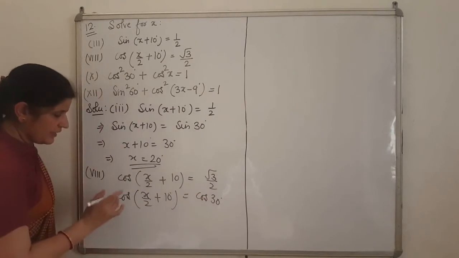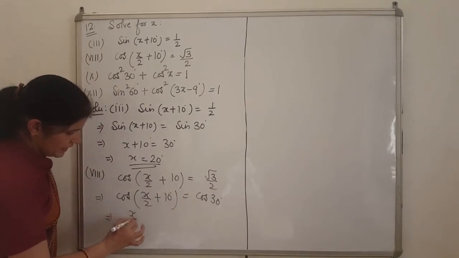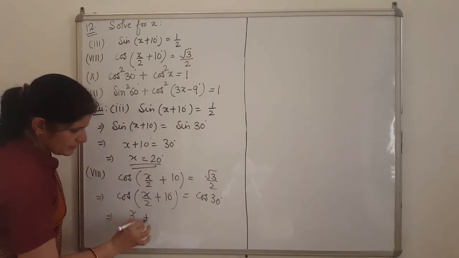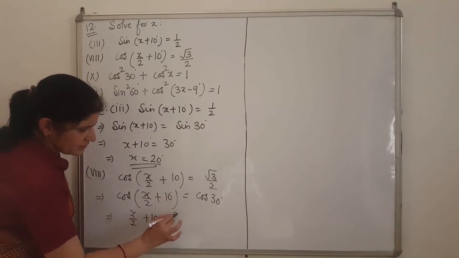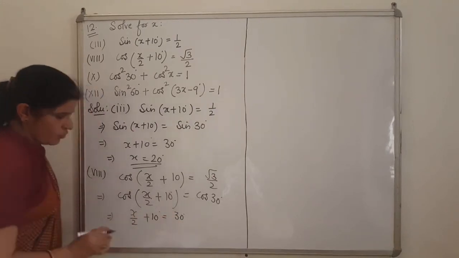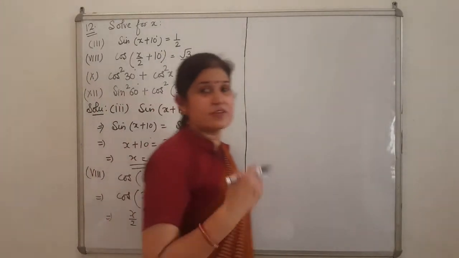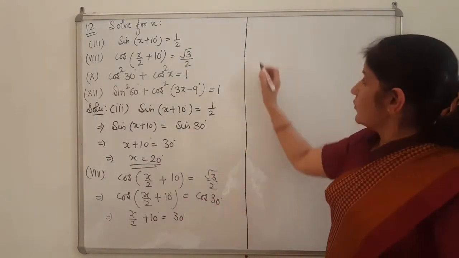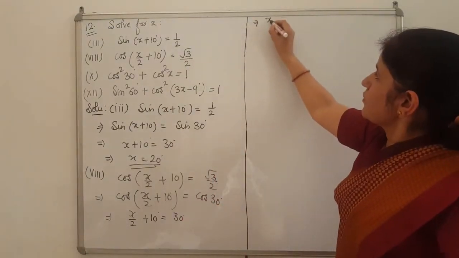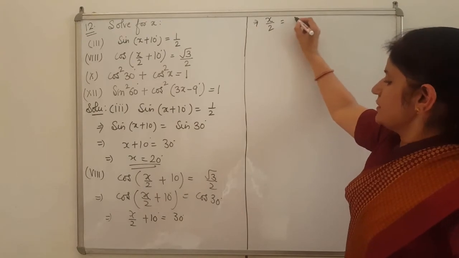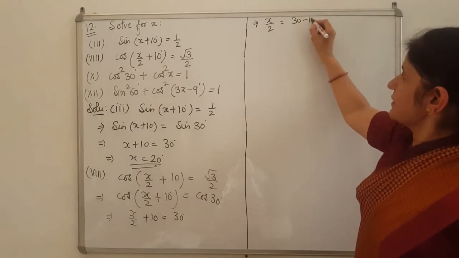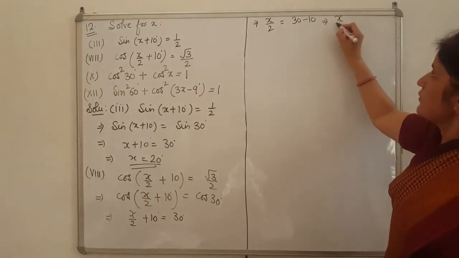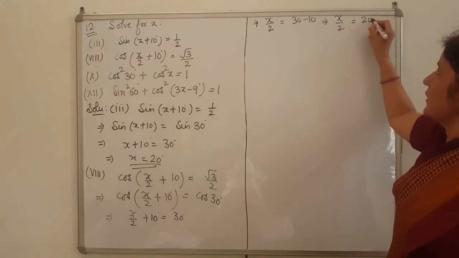When you compare it, x/2 + 10 equals 30 degree. So this 10 we will shift another side. What we will get? x/2 equals 30 minus 10, means x/2 equals 20.